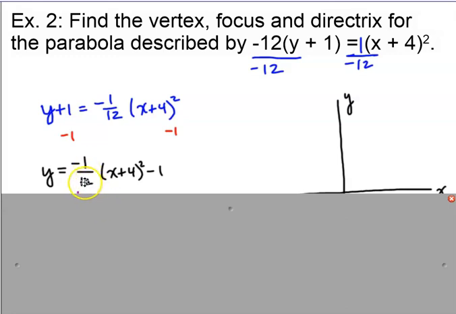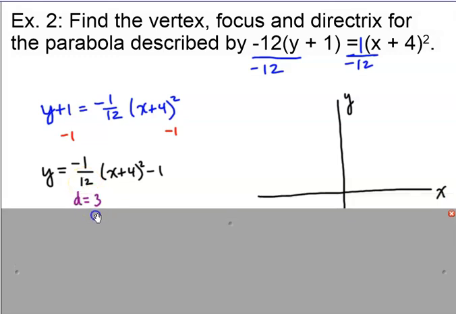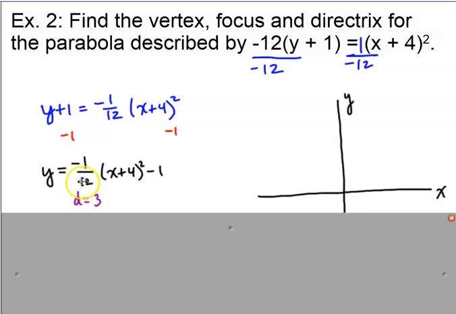Hopefully you recognize that 1 over 4d means 4 times 3 equals 12. So 3 would be the d value. Sketch yourself an axis, and I'd like to see if you can set up where this vertex of this parabola is, and then what that can tell you about where the focus is and where the directrix is, based on your d being 3. Play the recording when you're ready to see how far you got.